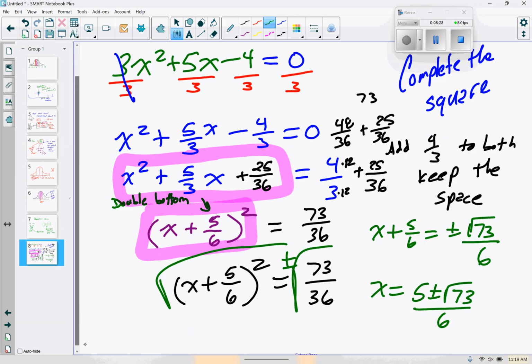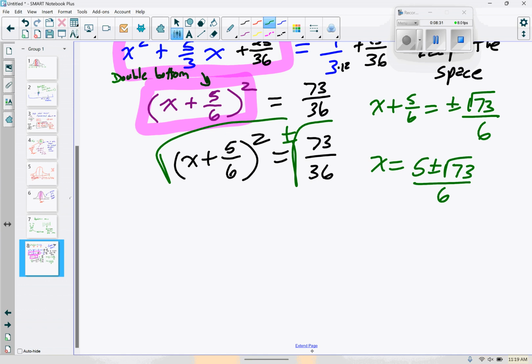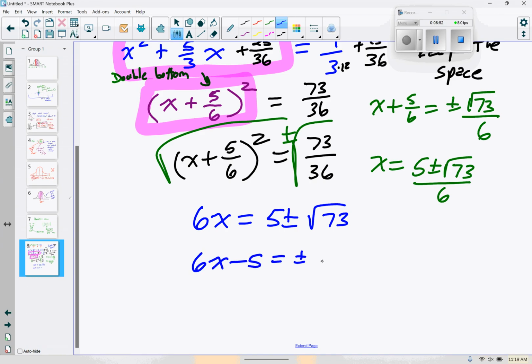So I'm going to take this answer and I'm going to do this. What did I do to get that? Yeah, multiply by 6. And then I'm going to go this. Okay. So I'll just subtract it. So then this is going to become this.